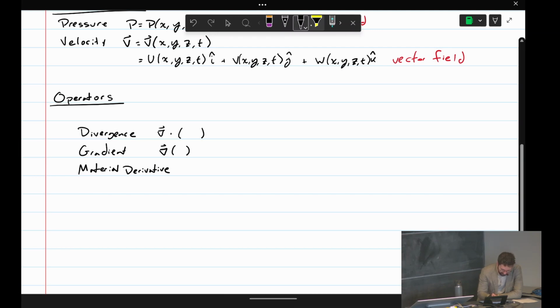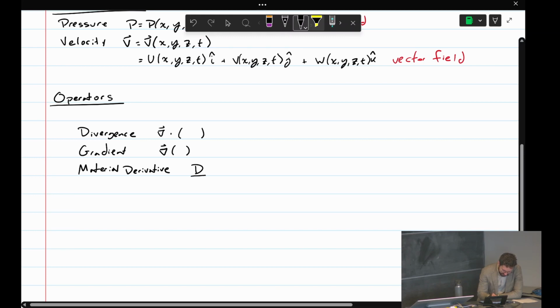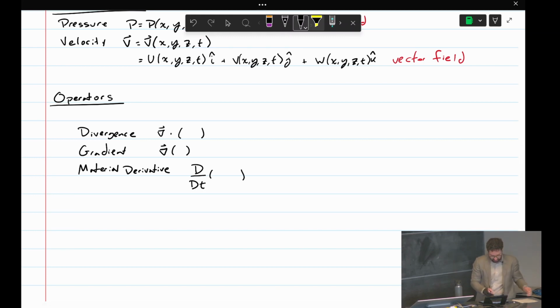So the material derivative we notate as D by Dt with capital D. In general, you can take the material derivative of whatever you like, and that will give you the time rate of change from a Lagrangian perspective, meaning how whatever property you took the material derivative of changes over time as you're following this thing in the fluid.